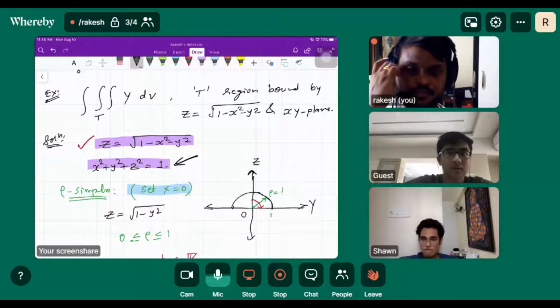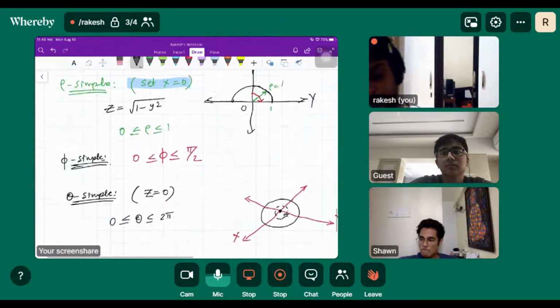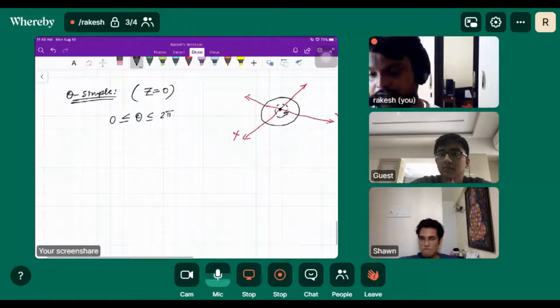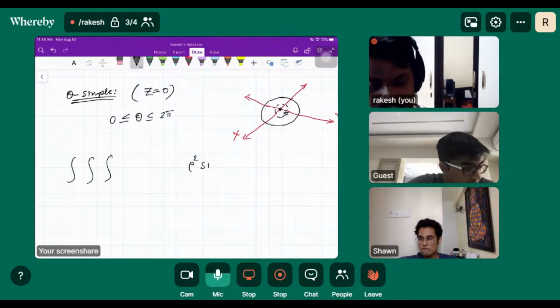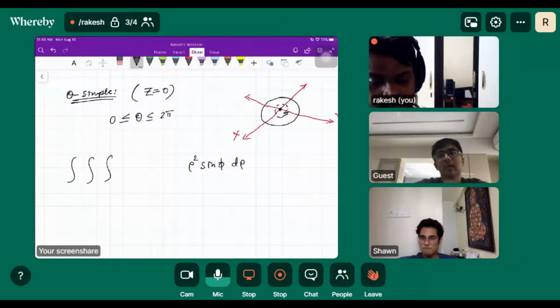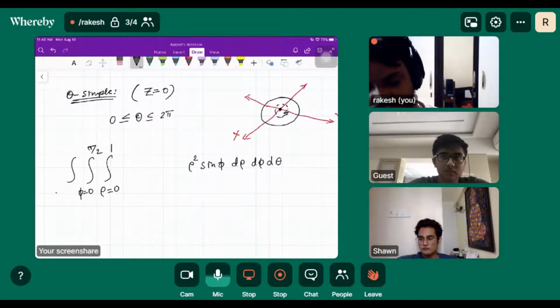We have the function y here, so we have to take everything into account. We write rho square sine phi d rho d phi d theta, where rho is going from 0 to 1, phi is going from 0 to pi by 2, and theta is going from 0 to 2 pi.